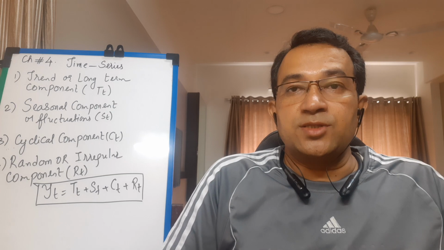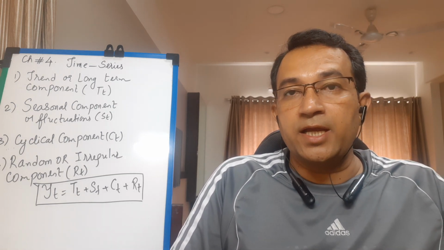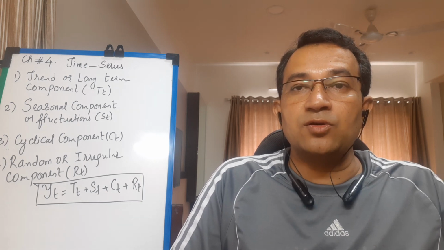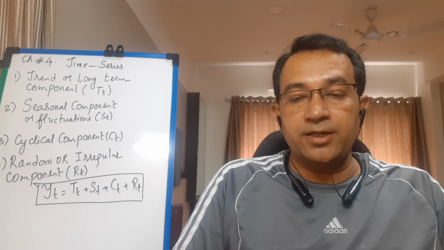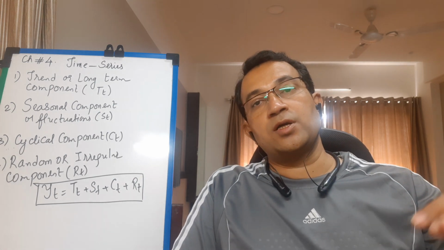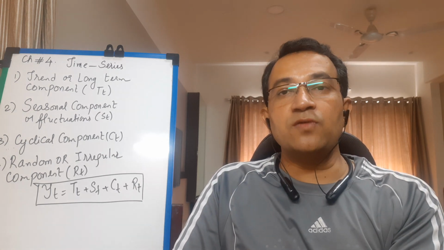So let us summarize the short note. First point, students, variations in the variable of a time series over a long period of time are usually the effect of the long-term component or trend. The variable of a time series is gradually found to have continuous increase or decrease, and that is because of trend.